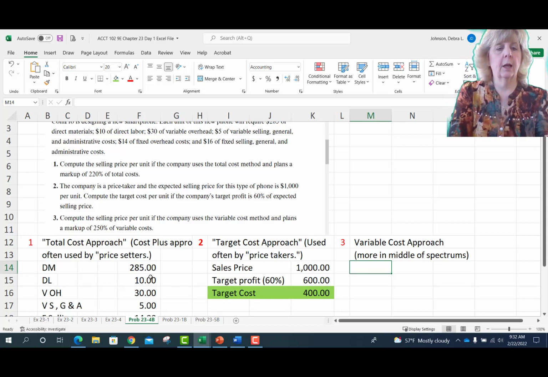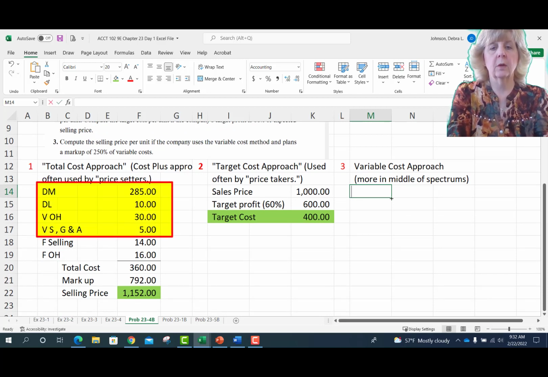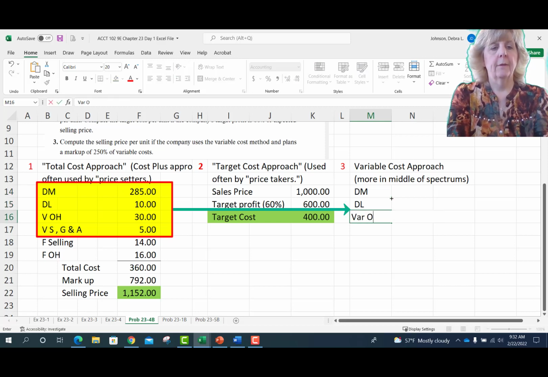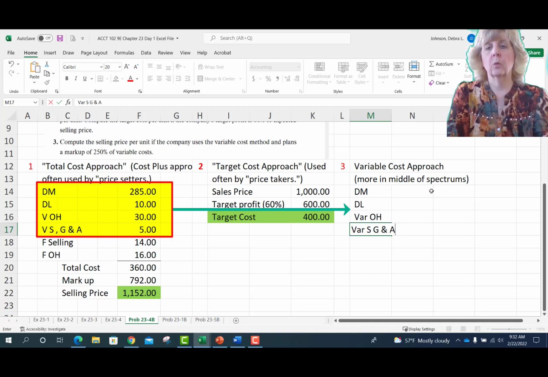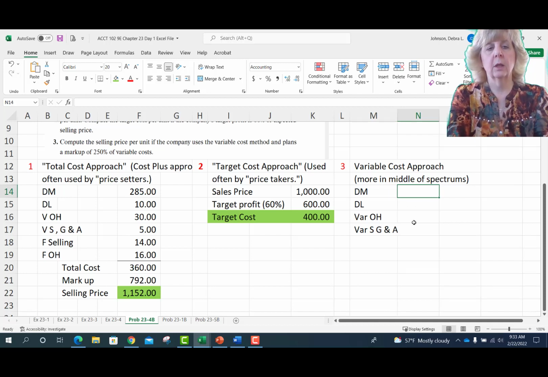So we're looking at all of the cost data given here, but we're only picking up the variable costs. So that would be direct materials, direct labor, variable overhead, and the variable SG&A, or selling, general, and administrative expense. In other words, we would leave the fixed costs out of this computation because our markup should be enough to cover both the fixed costs as well as the profit.